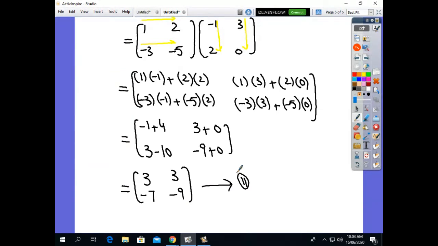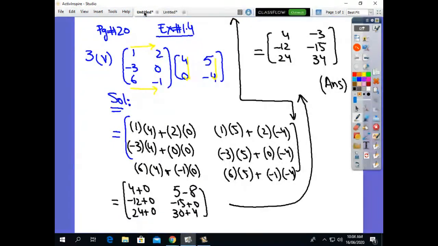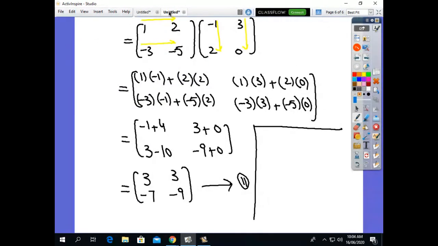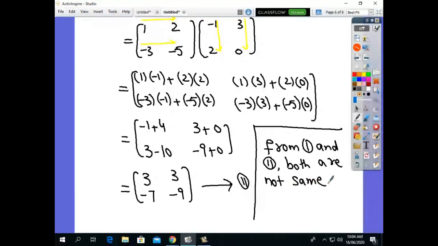Now from equation number 1 and equation number 2, we see that both are not the same.